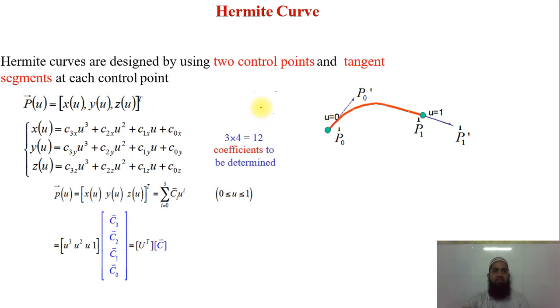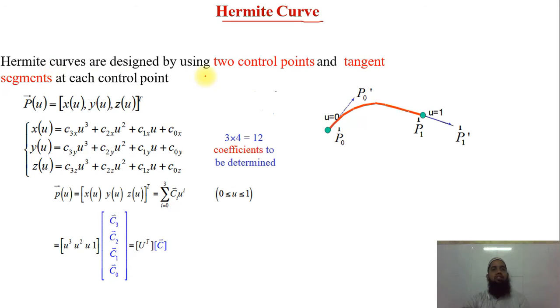The derivation of the Hermite curve is here. It is not asked in the examination; only for the sake of your knowledge you must know how it comes. You have to remember only the formula, because on the basis of the formula they ask questions in the end semester examination.